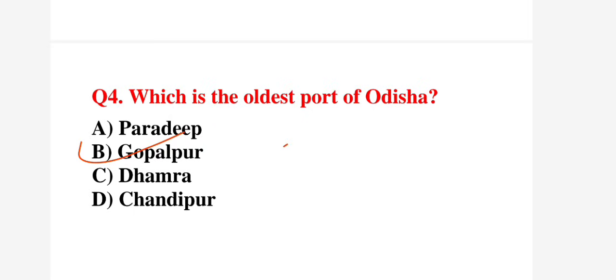Gopalpur belongs to the ancient ports. There are many ancient ports that were established during the ancient periods. If I name those ancient ports, you can say Tamralipta, Khalkata was another port, Manikapatna was an ancient port, Palur, that is Dantapur, was a port, and another one is Gopalpur.